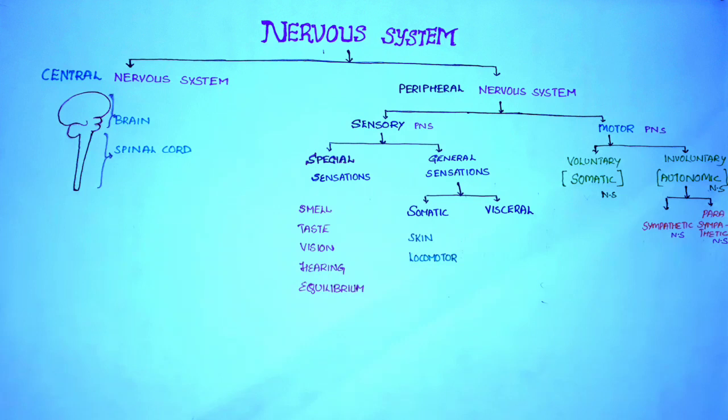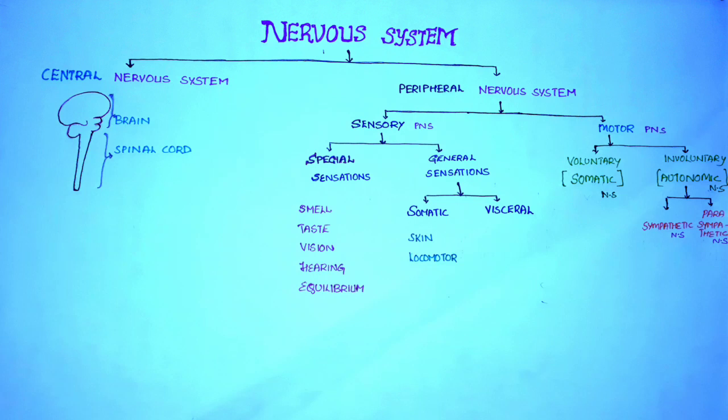The sensory peripheral nervous system takes sensory input to the central nervous system, and from the central nervous system the motor output is taken away by the motor peripheral nervous system. And the sensory peripheral nervous system is further divided into special senses and general sensations.